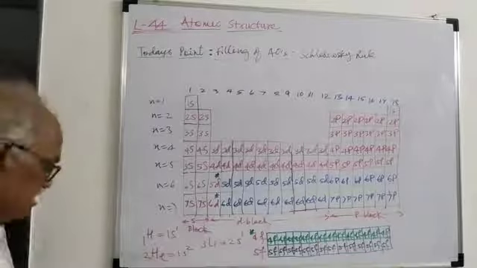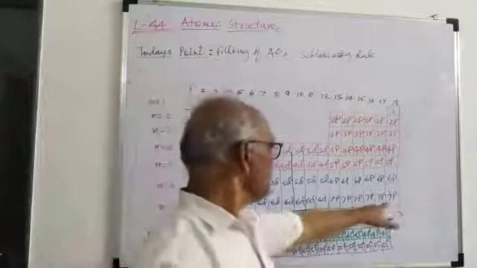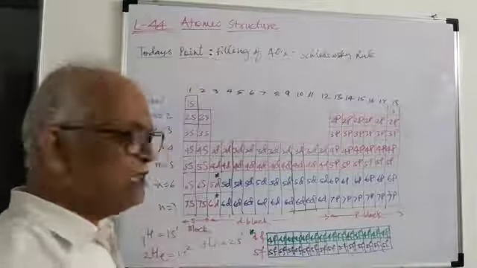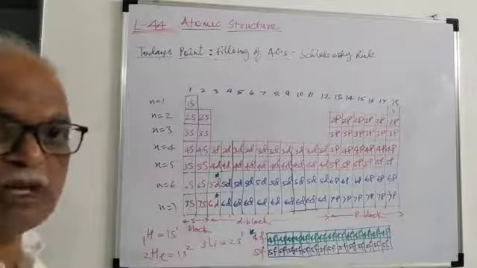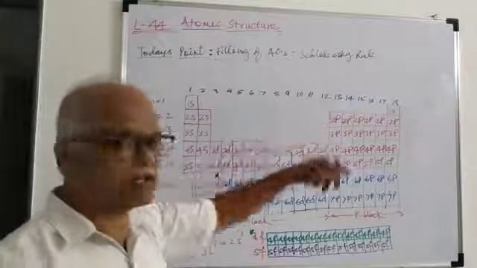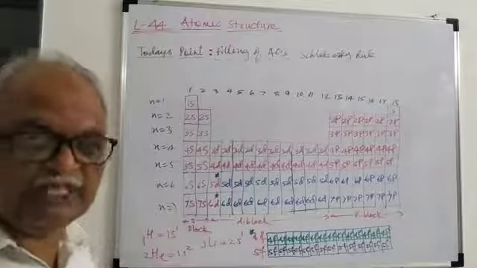In this way the electrons are progressively distributed, and again the 7p will be completed. So we have to go on distributing electrons in this order so that the correct distribution will be observed.